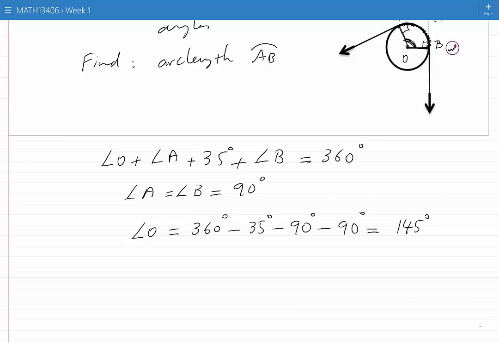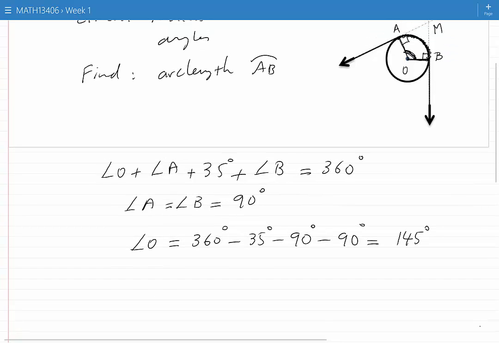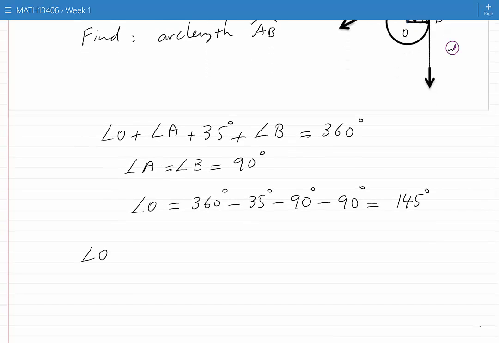In order to find the arc length AB, we need to have the angle O in radians. Therefore, we're going to convert 145 degrees into radians. The conversion factor would be pi over 180 degrees. Please note that because 145 degrees is in the numerator, because we can look at this as 145 degrees over 1, therefore 180 degrees will be in the denominator and pi will be in the numerator.